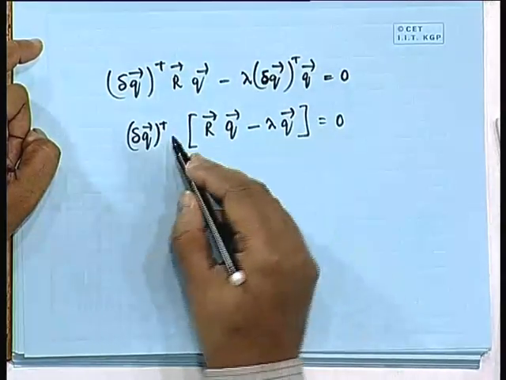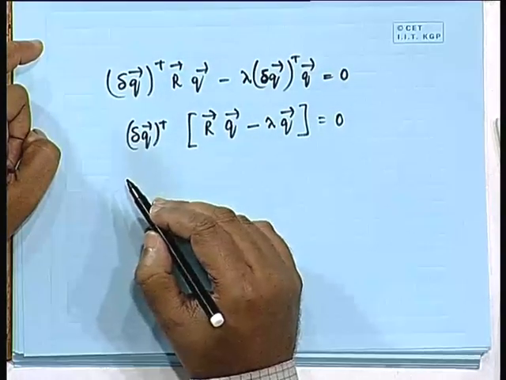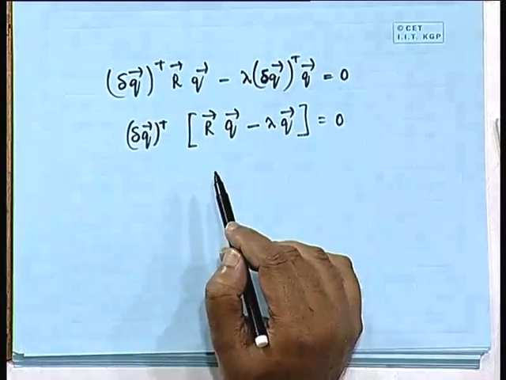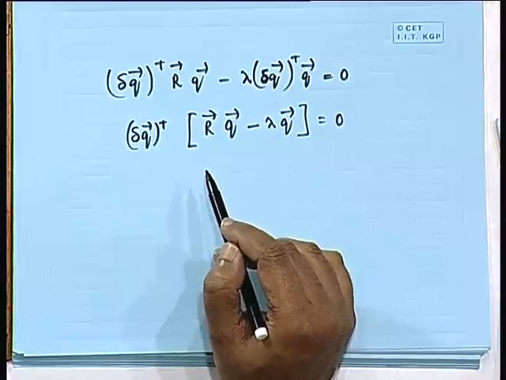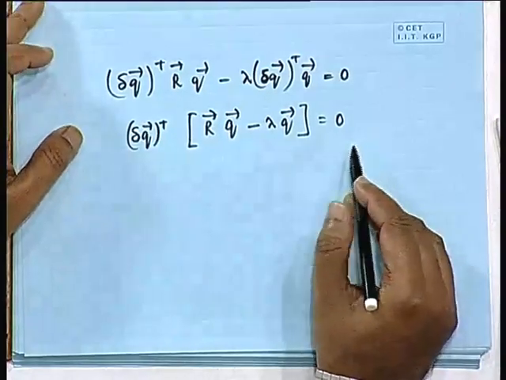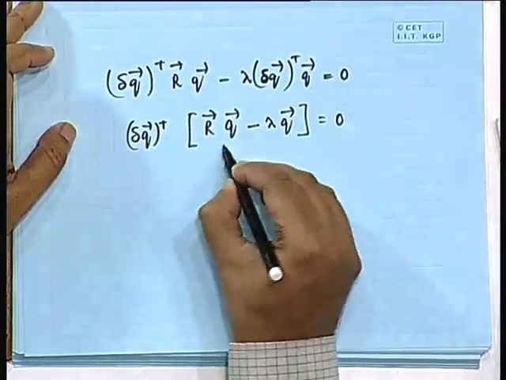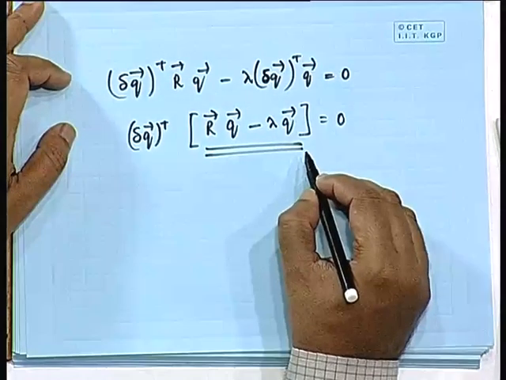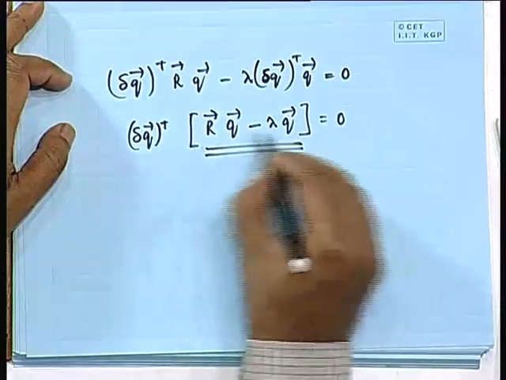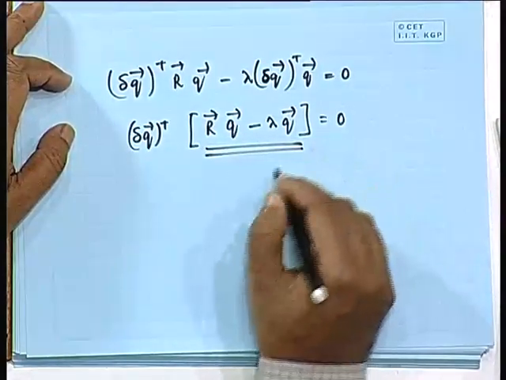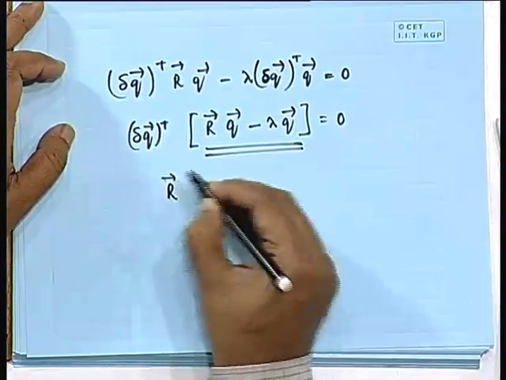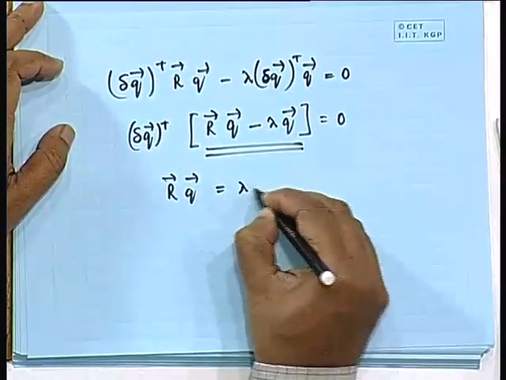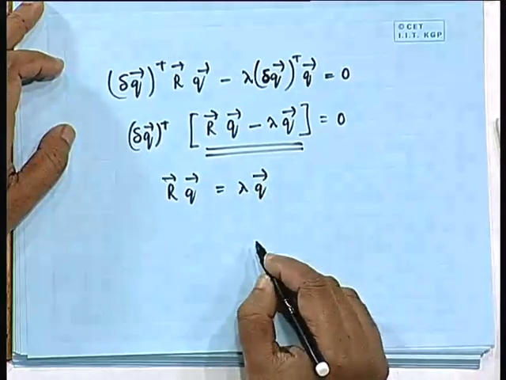Now, certainly delta q transpose is not 0. It is a non-zero quantity because we indeed wanted some perturbation. So, what we have got from the extremal condition is that necessarily the term within the square bracket has to be equal to 0. If we equate it to 0, what results is R q is equal to lambda q.